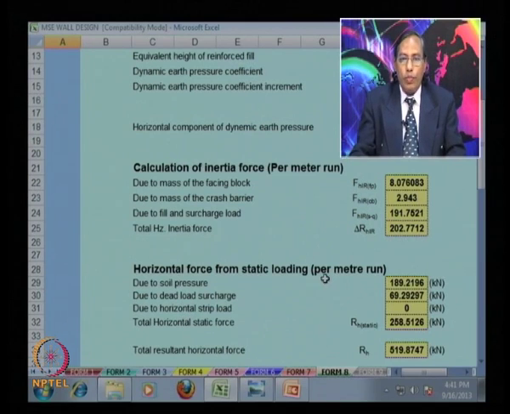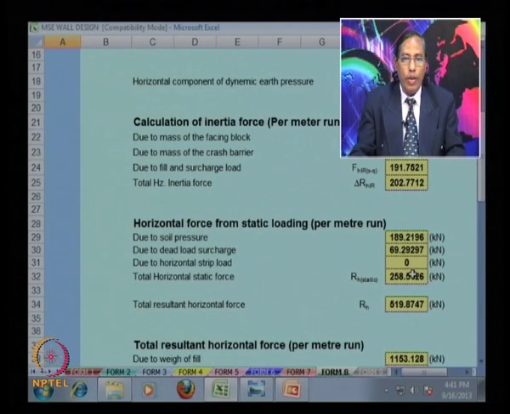Now the horizontal force from static loading per meter run due to the soil pressure is 189.2196, due to the dead load surcharge 69.29297, and due to horizontal live load it is considered 0.